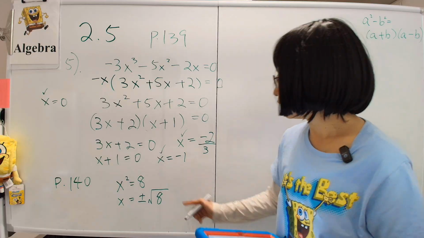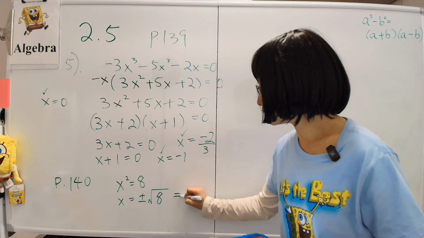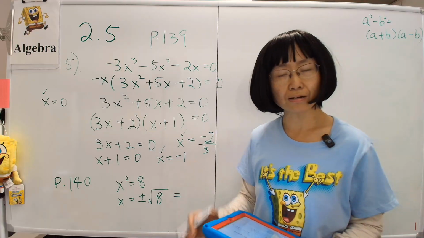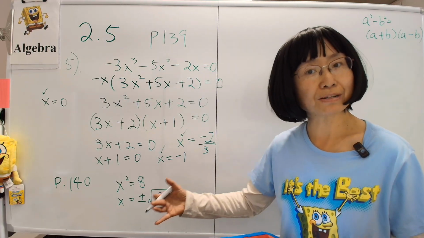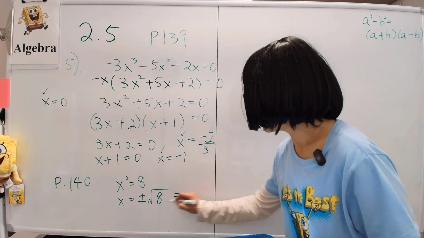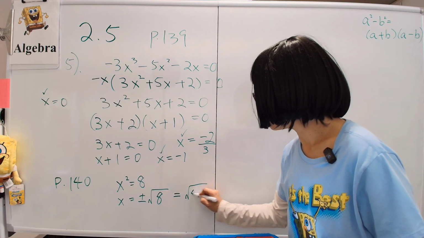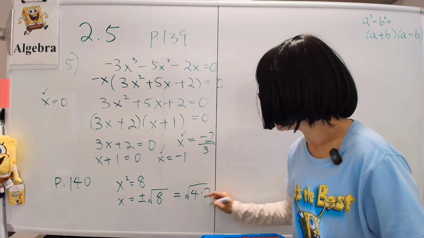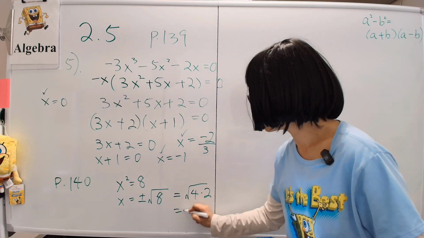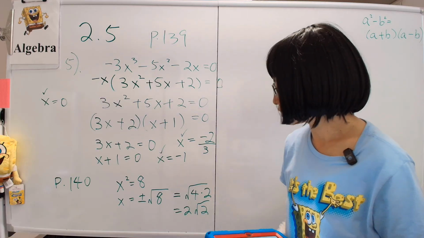So then we'll simplify the radical. If you don't remember how to do this, please refer to chapter 1, where there's an entire section on how to simplify radicals. It's very important that you know how to do this. Okay, so we have the square root of 8 that becomes factored out, square root of 4 times 2. The square root of 4 is just 2, we can take that out. And the square root of 2, there's nothing we can do about that.